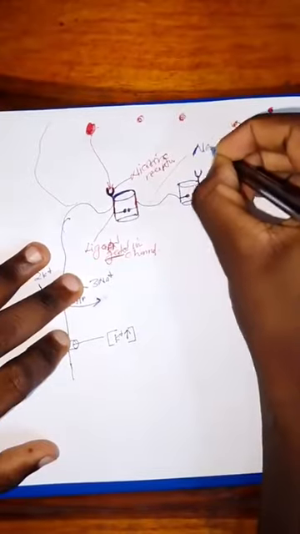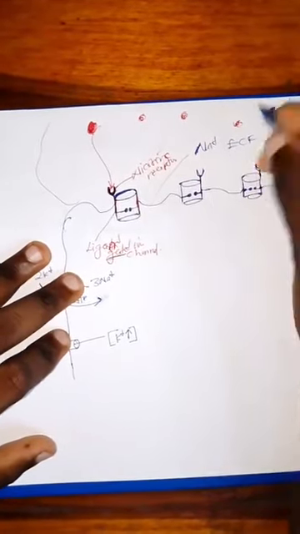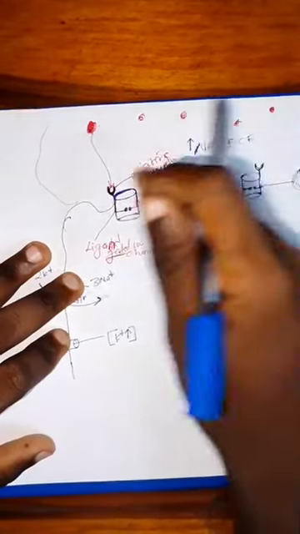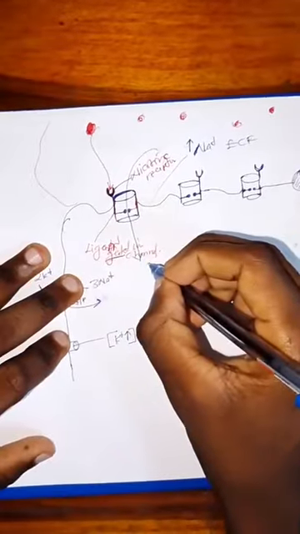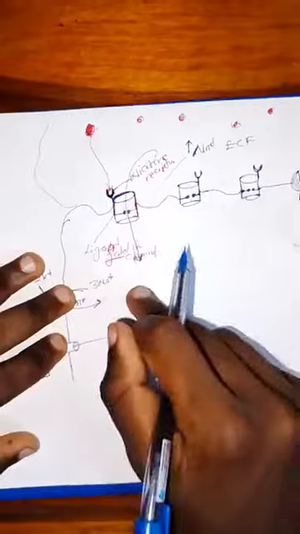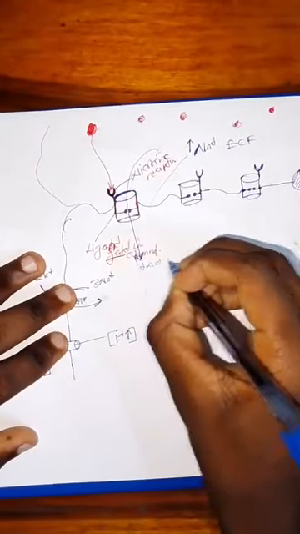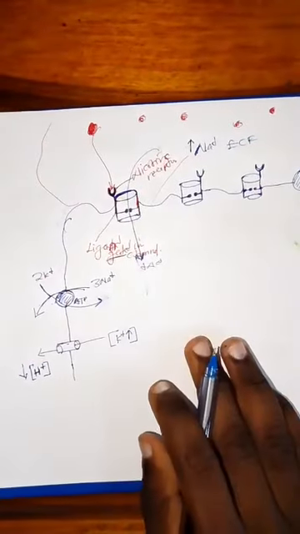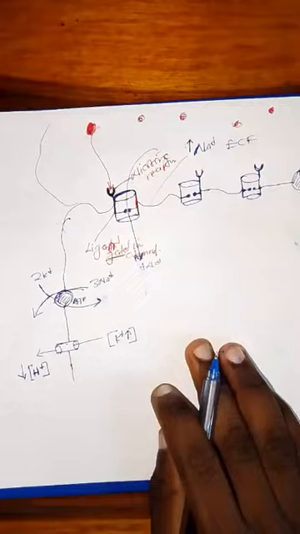Sodium, we know already, in the extracellular fluid, sodium is high in concentration. So when this opens, there will be influx of sodium. Sodium will start entering the postsynaptic membrane via the ligand-gated ion channel. So there will be sodium coming inside here.